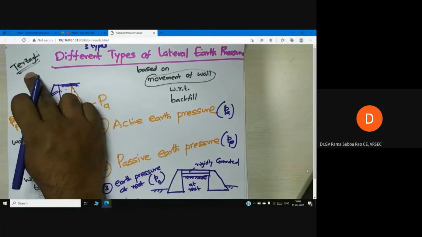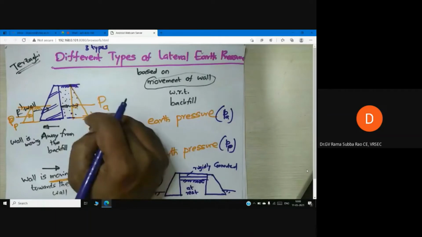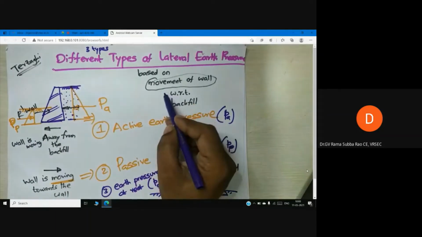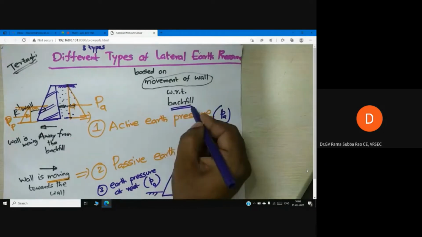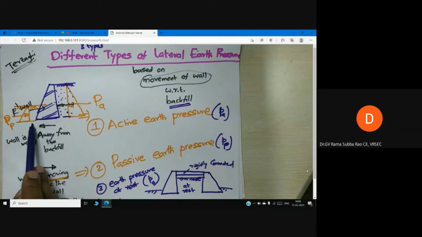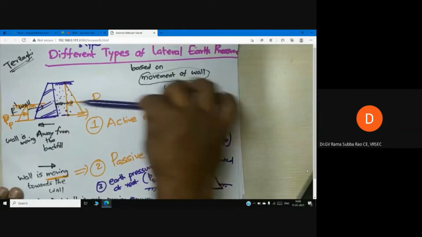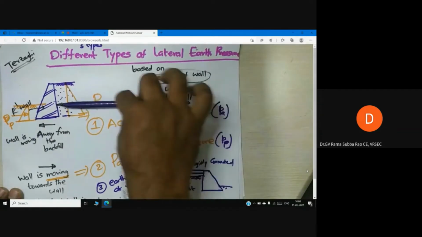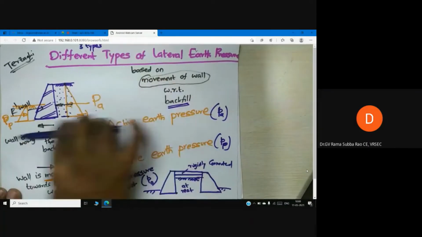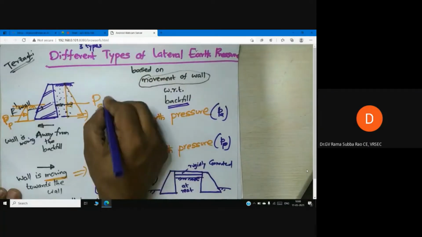So the basis for these types of earth pressure, I am trying to explain to you, is movement of wall with respect to backfill. If the wall is moving away from the backfill, what pressure is acting on the wall now? Active force.